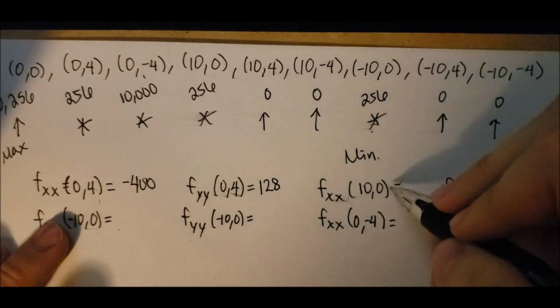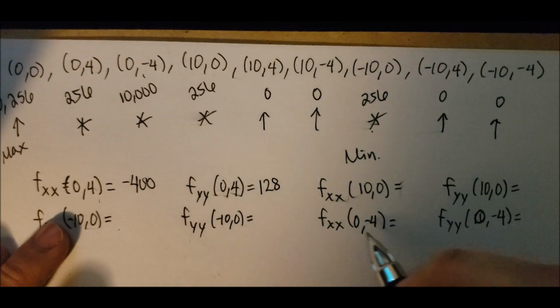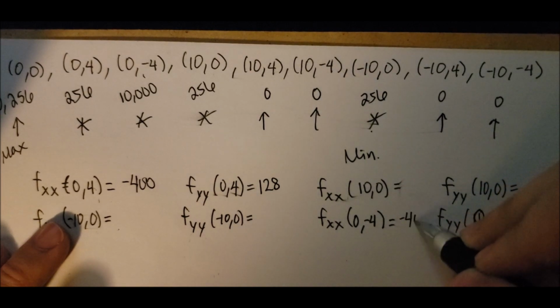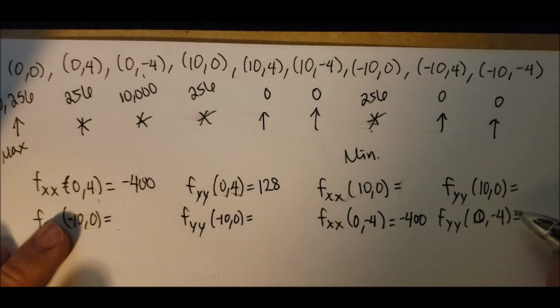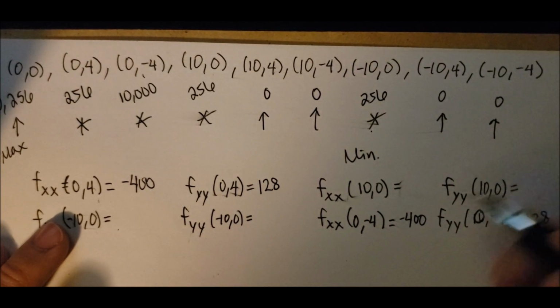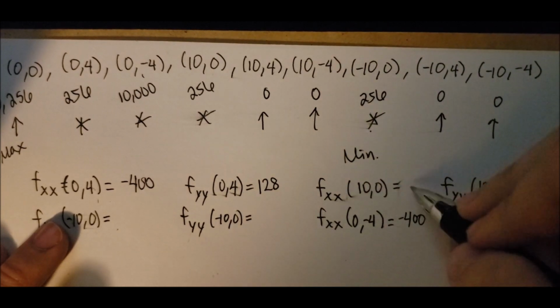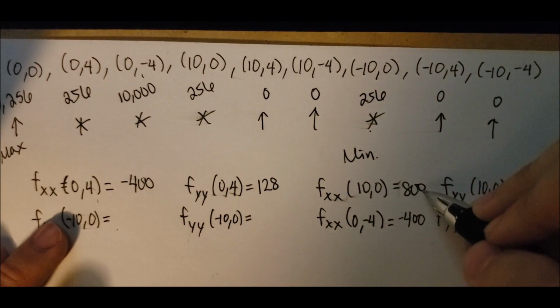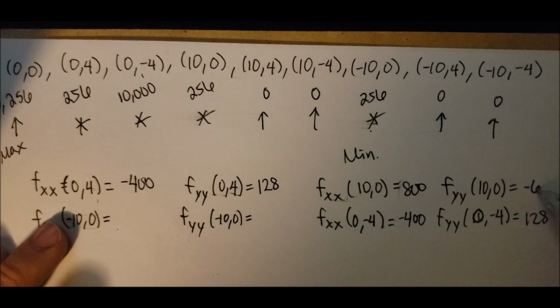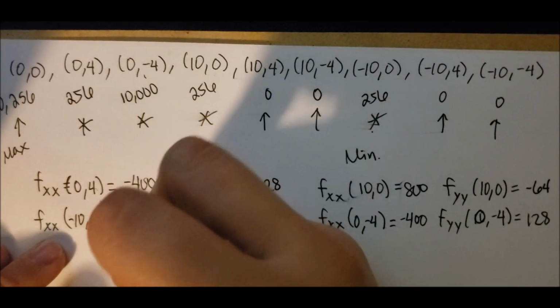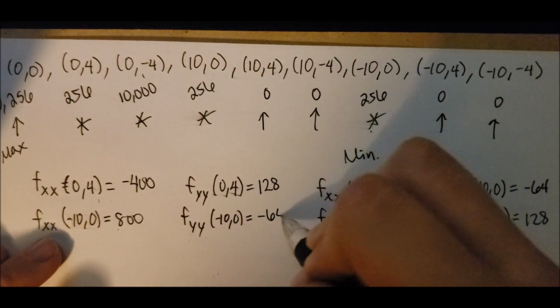The same for 0, negative 4: negative 400 and 128. And then at 10, 0, I get 800 and negative 64.